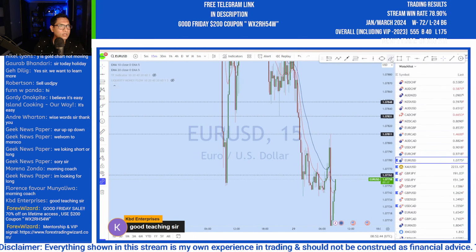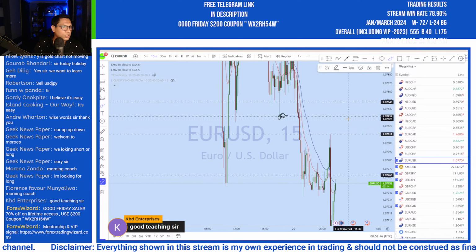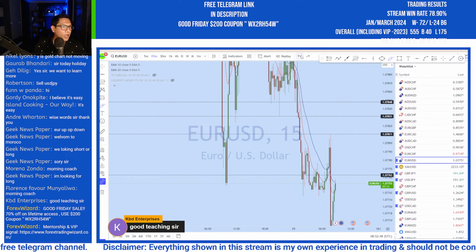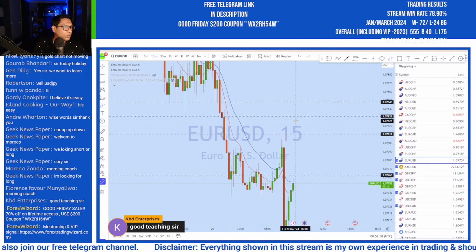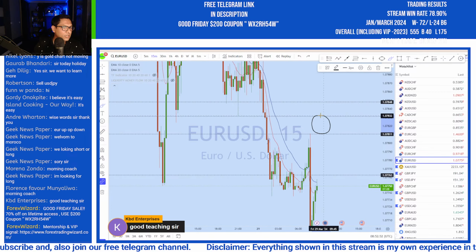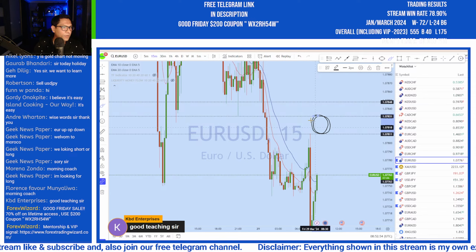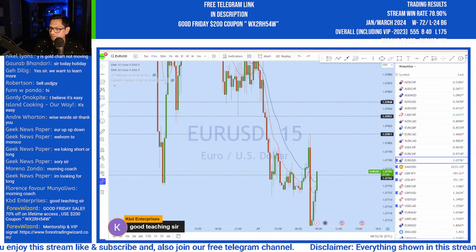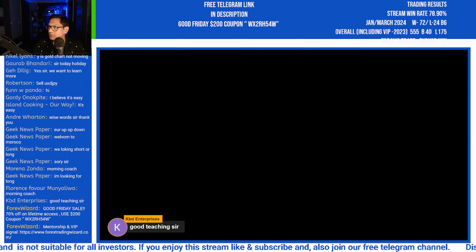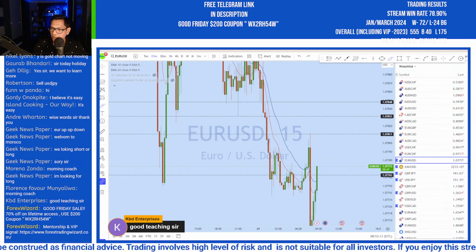So it didn't retest this support, which is turning resistance here, and with that, the market has left an imbalance in that area, and that imbalance is where we can see the market is struggling. So we might see the price going back up to fill that imbalance. You could see that in that area.